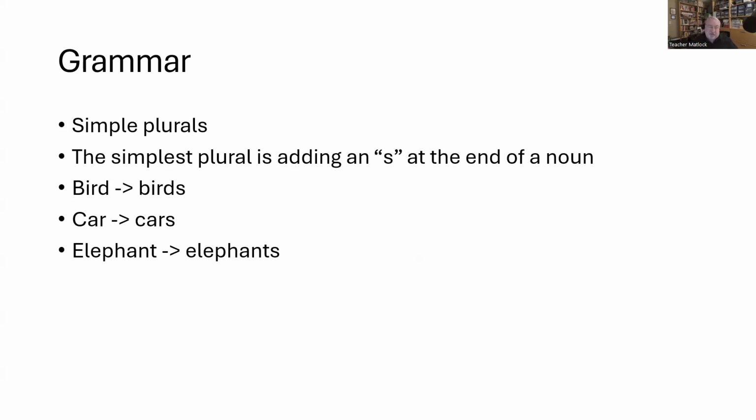Now, just as a reminder, English has more complex forms of words than does Haitian Creole. So you may have to learn a few different ways to create a plural word from a singular word. But the most common way is to add the S at the end of a word.